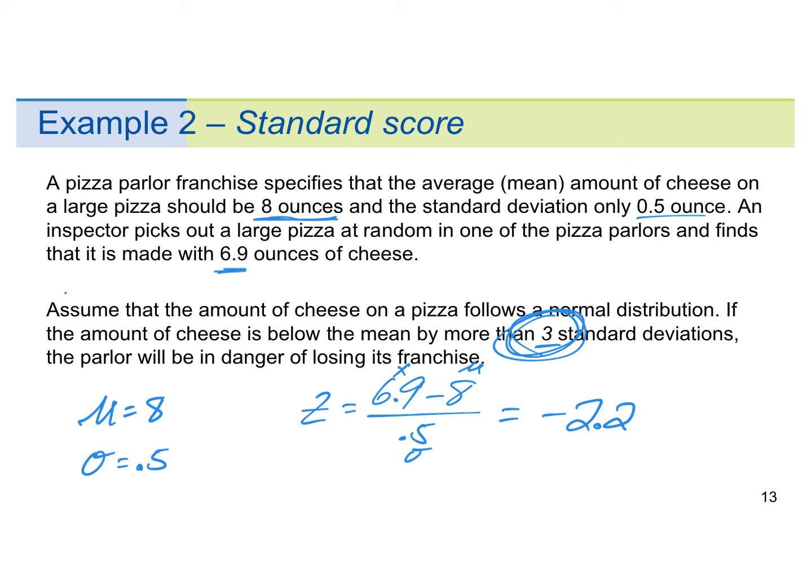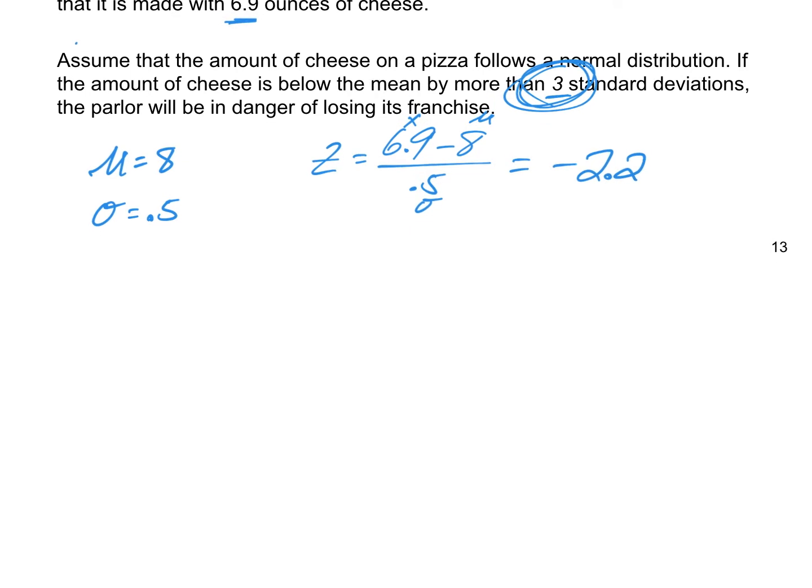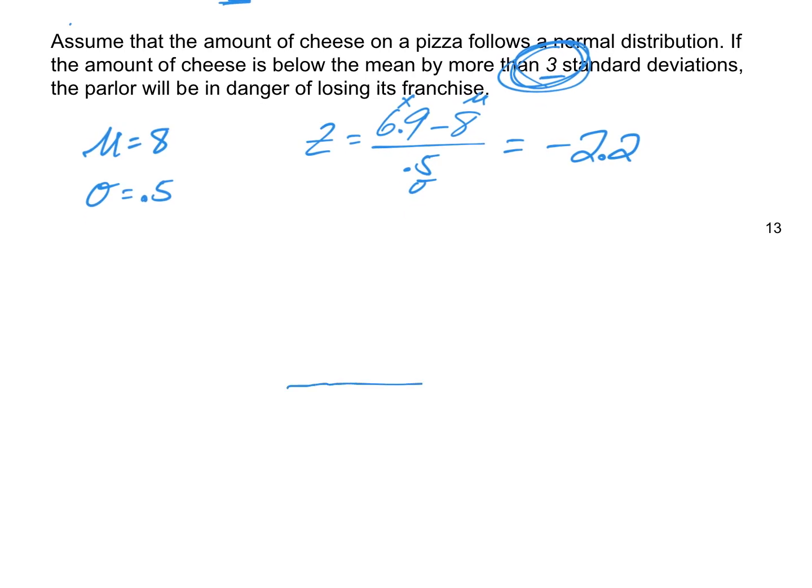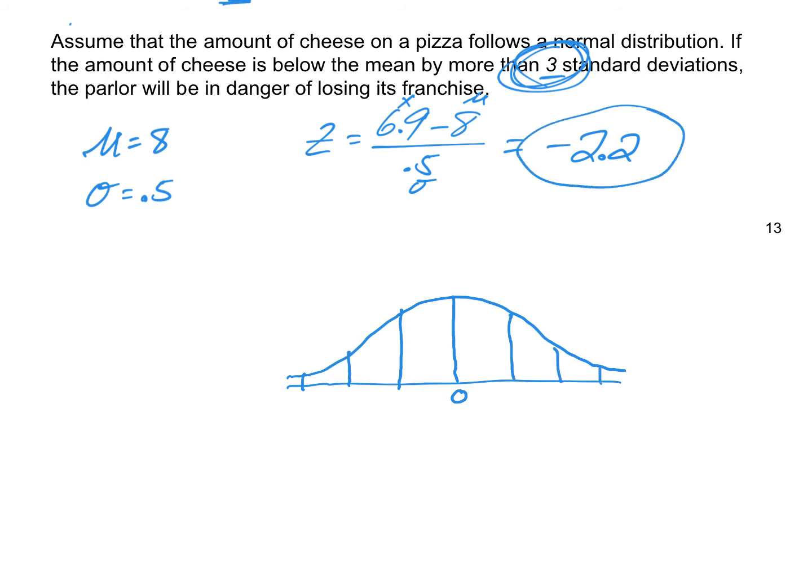So I want to go back to this pizza problem. If I draw a standard normal curve, we know that smack dead in the middle, the mean is 0. You know, this is -1, this is -2, this is -3. +1, +2, +3. Where does -2.2 land?